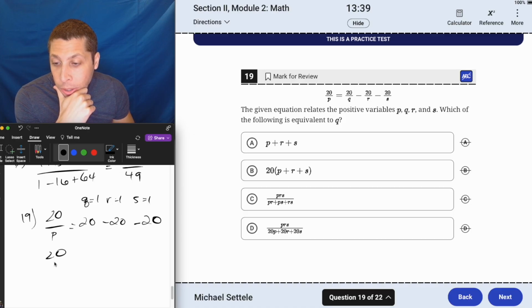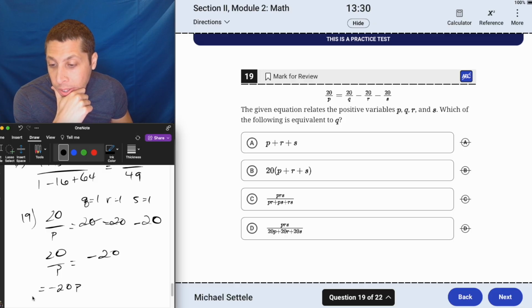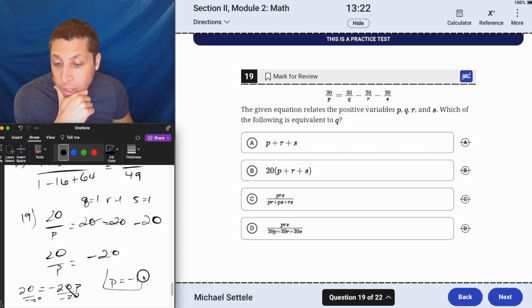So that's 20 over P is equal to 20 minus 20 is 0, so negative 20. So negative 20P is equal to 20. So divide by negative 20, divide by negative 20. P is negative 1.